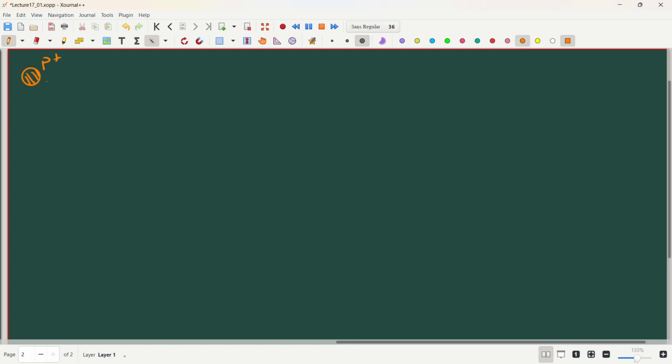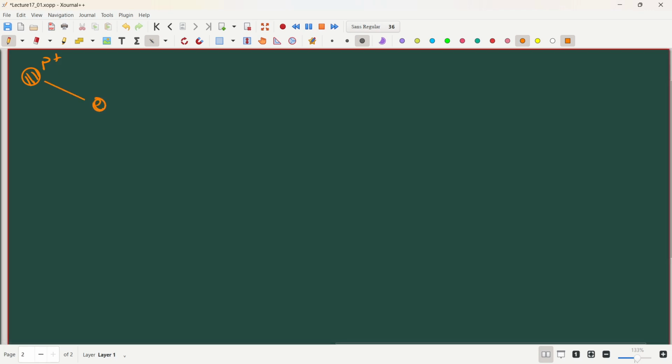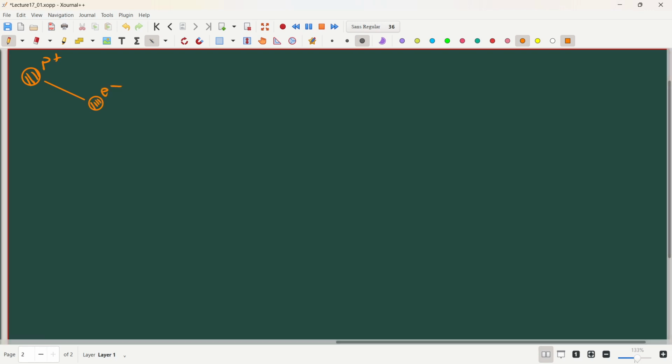Okay, so let's work out this math a little bit. Let's move now to the proton-electron system. Don't think molecule, let's think proton and electron, just like our hydrogen atom. And they're at some distance r. So the moment of inertia of this system is mu r squared.